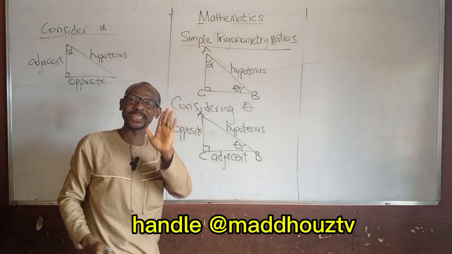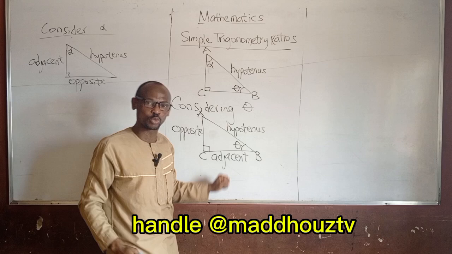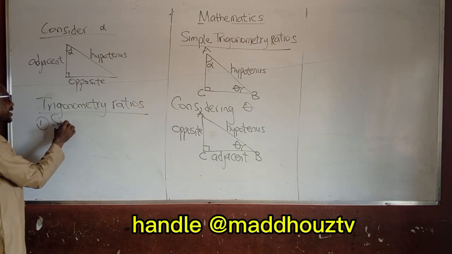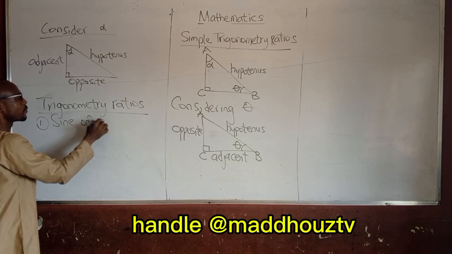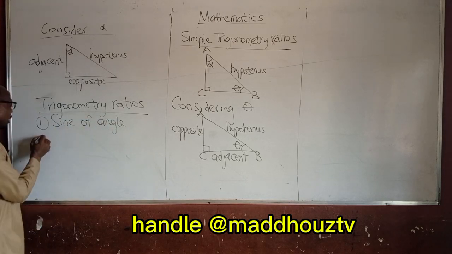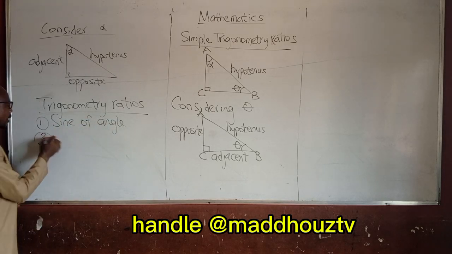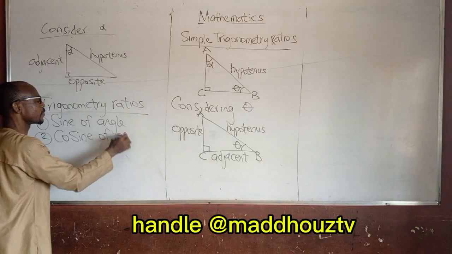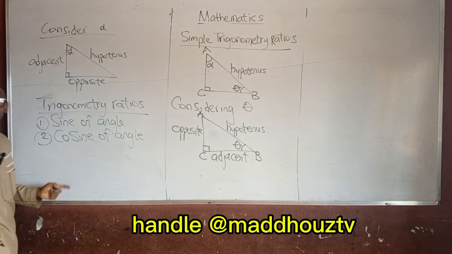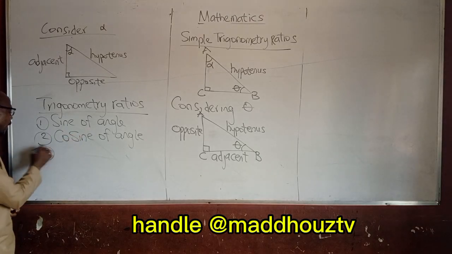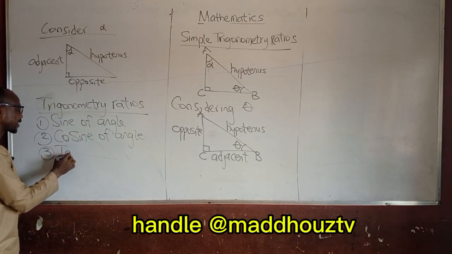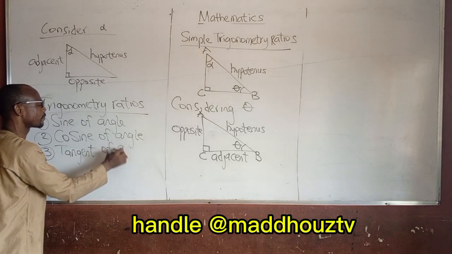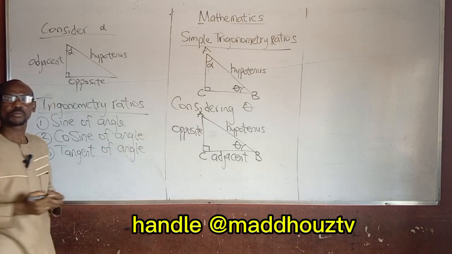We get three simple trig ratio wey we go learn today. The first one we dey call am sine of angle. The second one we dey call am cosine of angle. And the third one we dey call am tangent of angle.